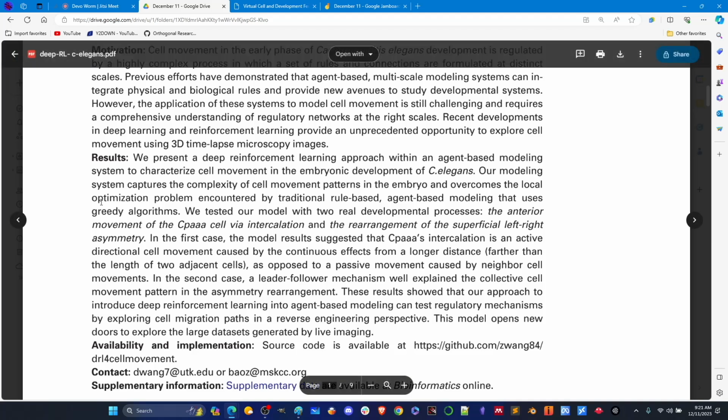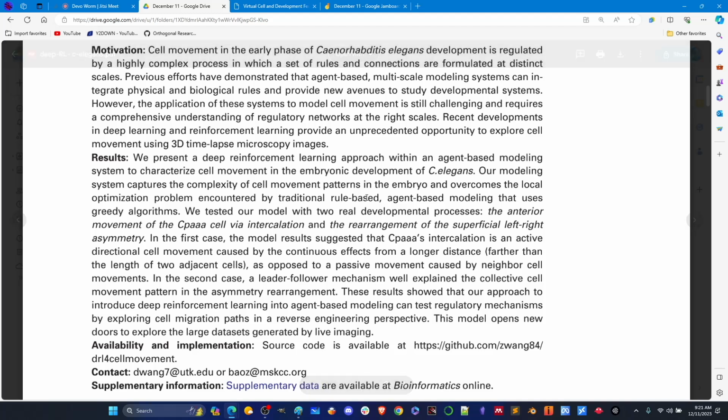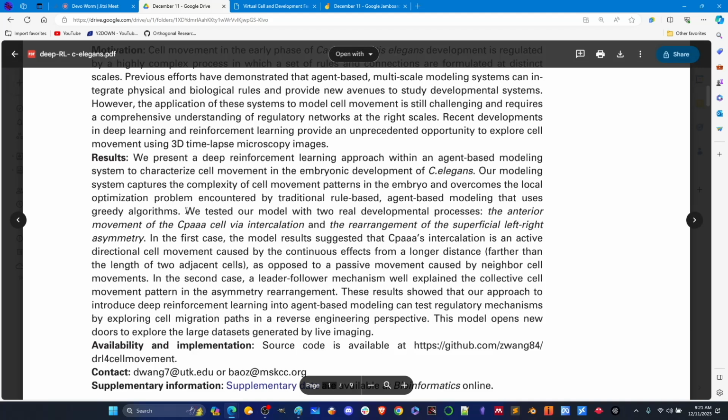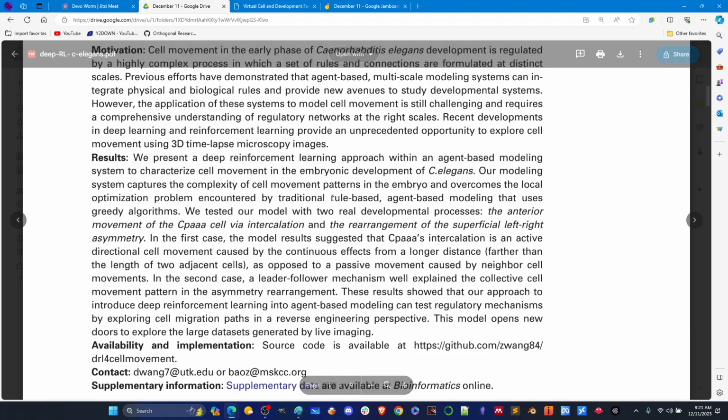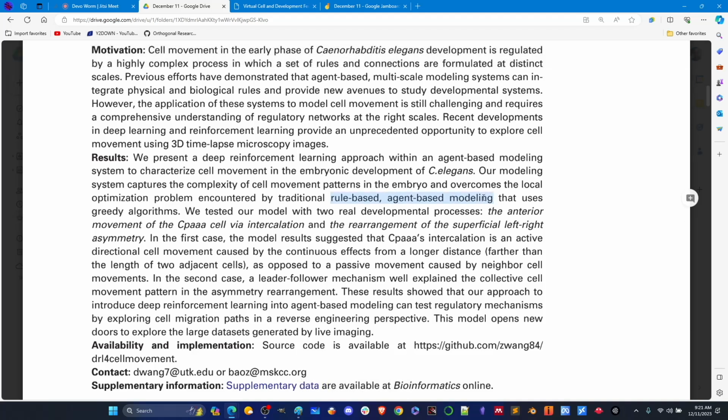Our modeling system captures the complexity of cell movement patterns in the embryo and overcomes the local optimization problem encountered by traditional rule-based, agent-based modeling that uses greedy algorithms. So this is the type of agent-based modeling that we use, where we just simply use a set of rules.